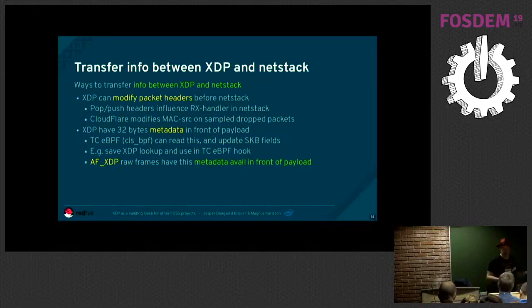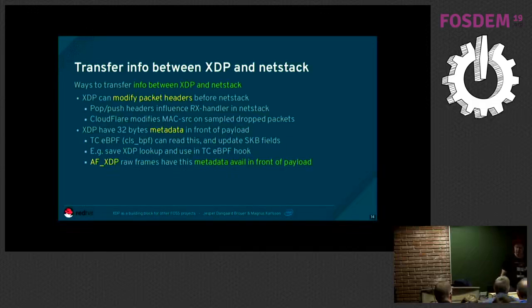Then we have something called metadata, which is placed in front of the payload. So XDP can write just in front of the payload. It can also extend the headers, of course. But if you don't want the network stack to see these for some reason, and just some metadata you created at XDP level, you can use these 32 bytes. So the other hooks, like the TC eBPF hook, can use this and update the fields in the SKB.